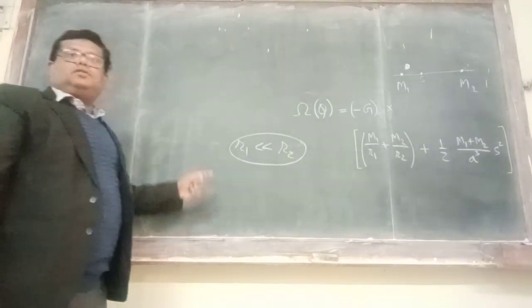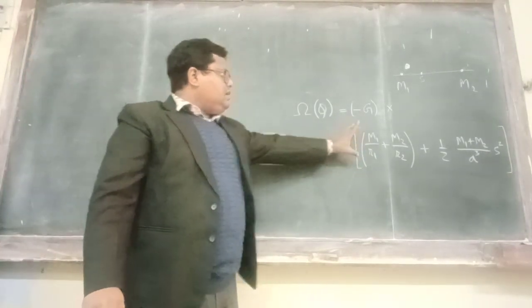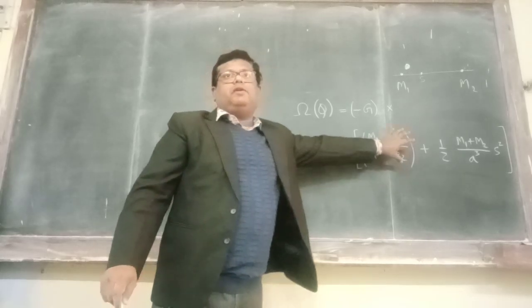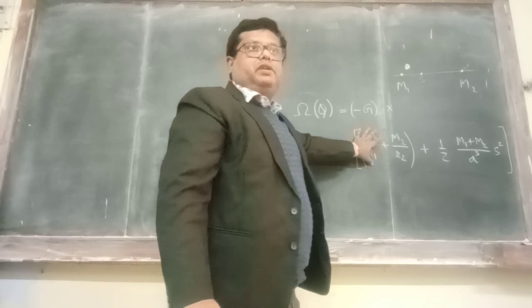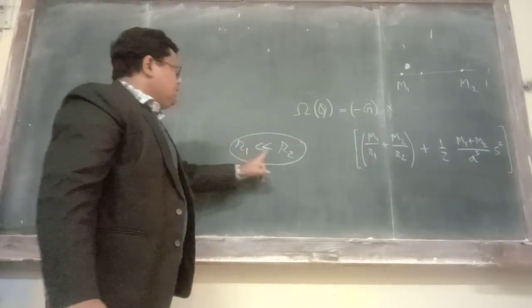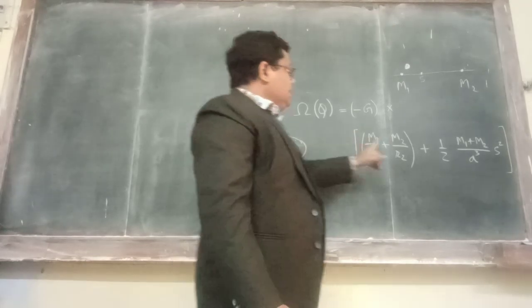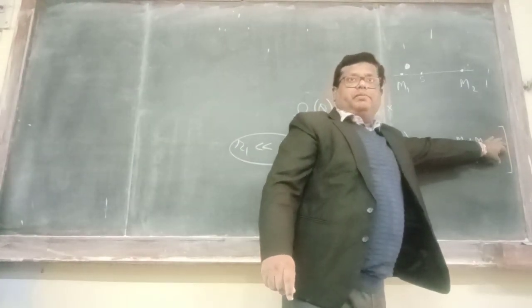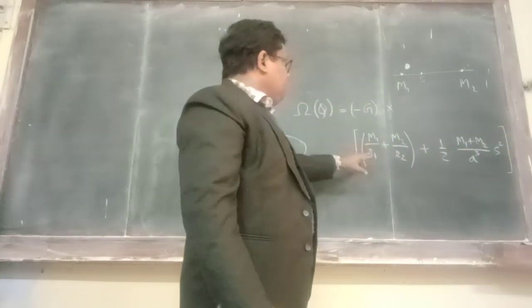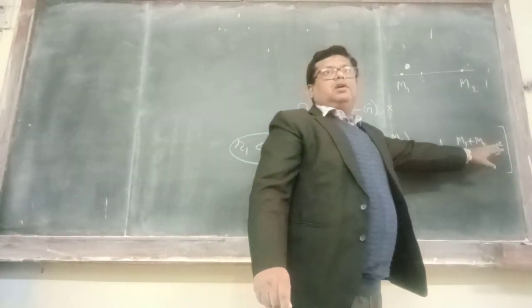What will happen if I do such a choice? Look into the expression. Then this term will be effectively 0, and only this term will be dominant. Again, R1 less than R2. And here again, R2 squared will be dominant. So it will be the competition between R1 versus R2.